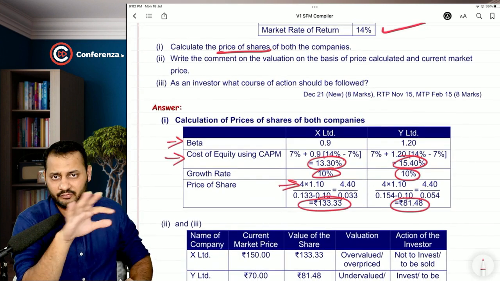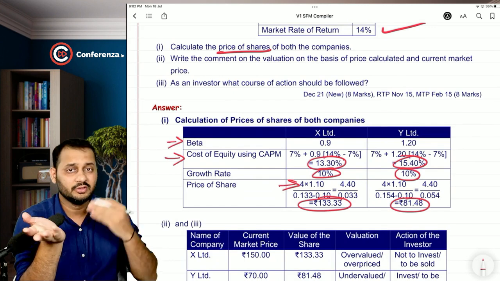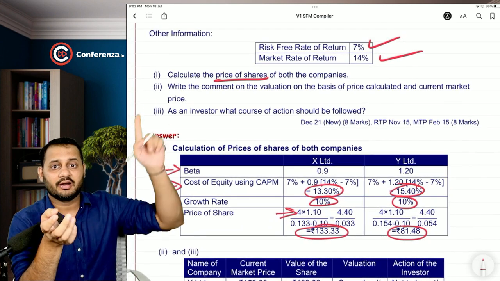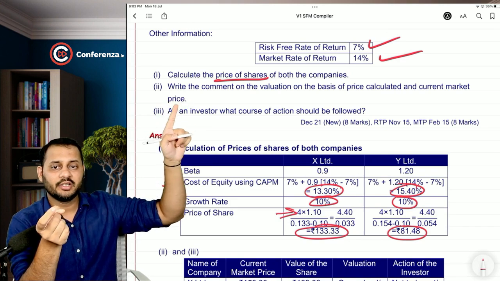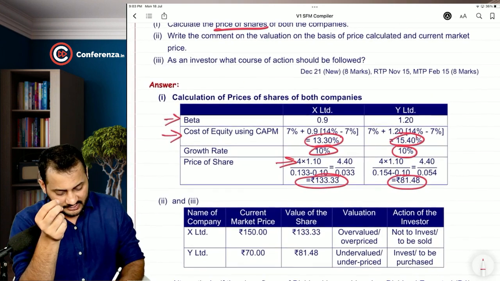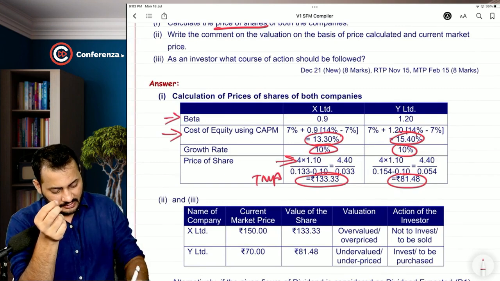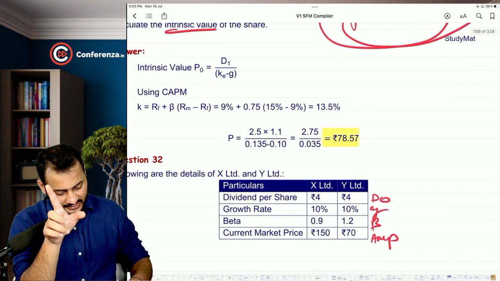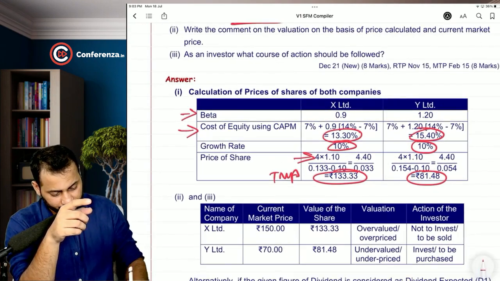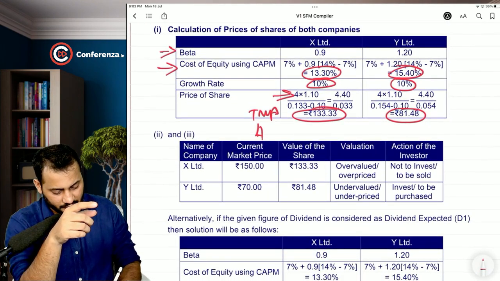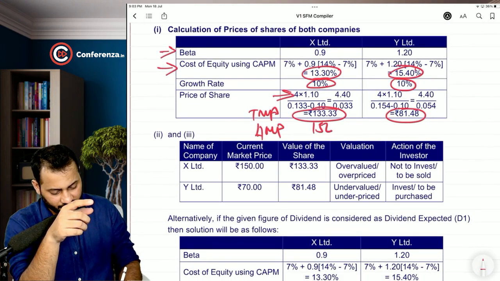Till that point we have learned in the previous chapter also and now in this chapter also. Write the comment on the valuation on the basis of price calculated and current market price. See, this is the theoretical market price, but the actual market price is given to us, right? Which is 150 and 70.